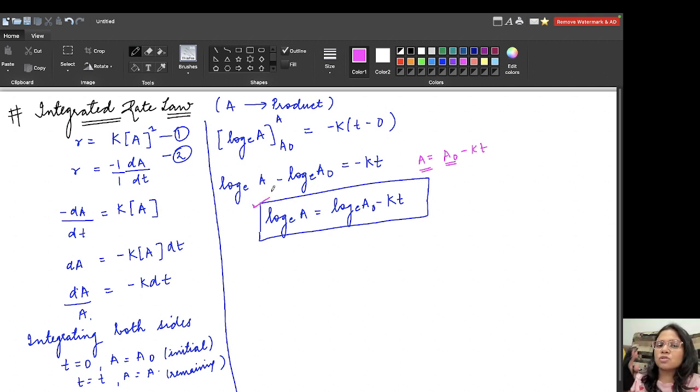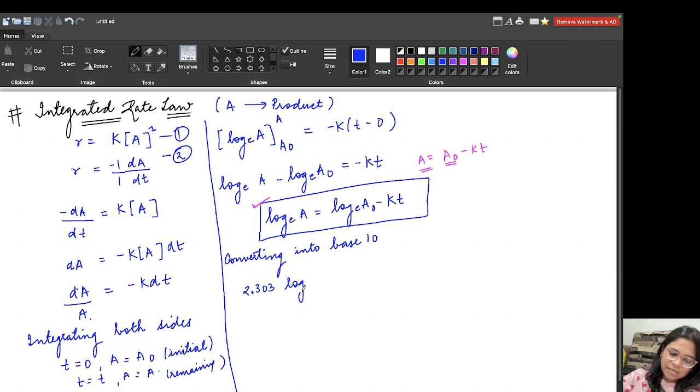Now this can also be written in many forms. If I want to convert it into base 10, like log base 10, what will you get? 2.303 log base 10 of [A] will be equal to 2.303 log base 10 of [A]0 minus Kt.